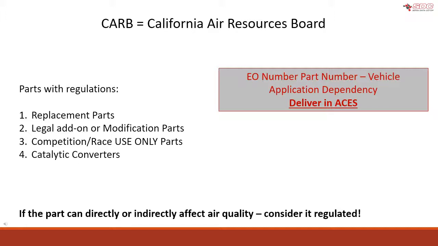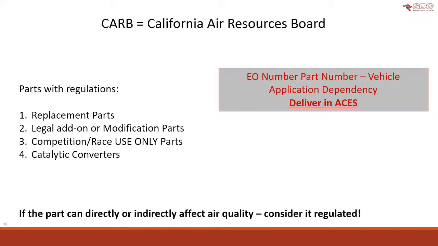So from a high level, CARB regulates vehicle parts that directly or indirectly affect air quality. Affected parts that do not have EO numbers cannot be sold or used in California. And recently, several manufacturers, resellers, and retailers have had the pain of being fined significant amounts of money for selling affected parts that do not have valid EO numbers.